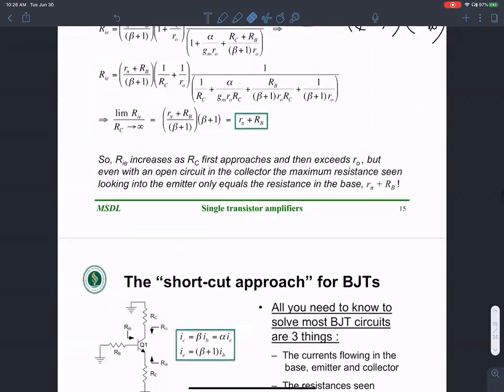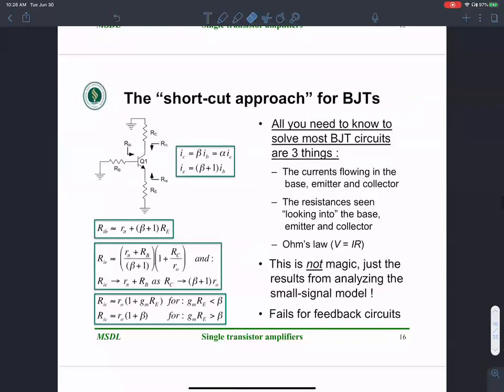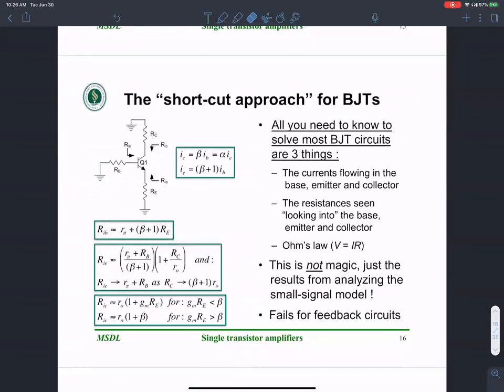Okay, here is the shortcut approach. Here is the slide that you want to tattoo on your hand if you want to.